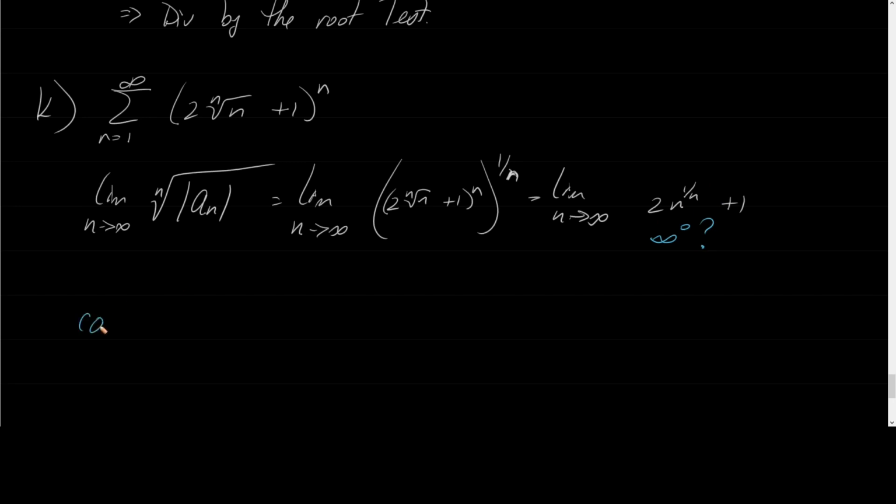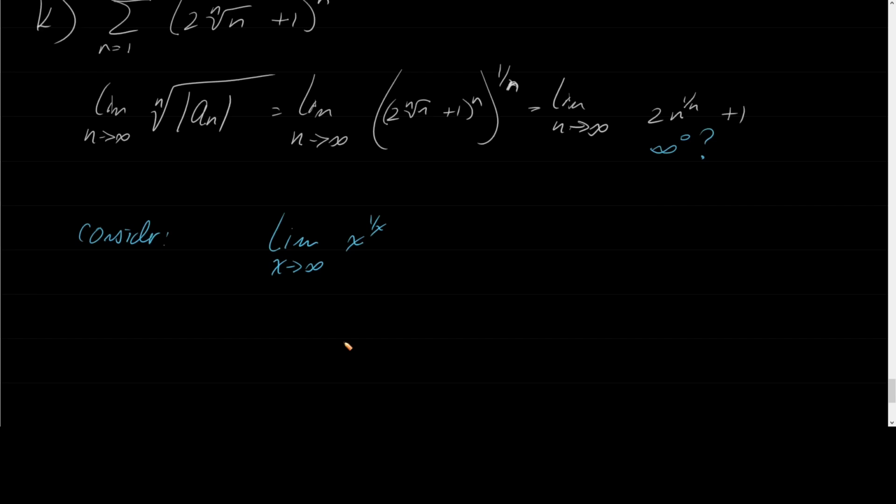We're going to look at this piece. The limit as x goes to infinity of x to the 1 over x. What I'm going to do here is apply a trick.